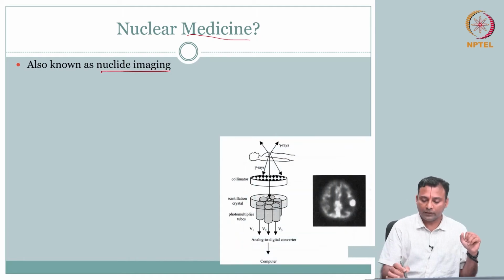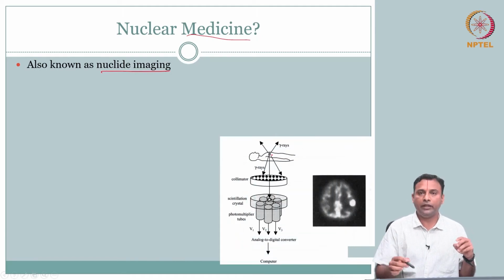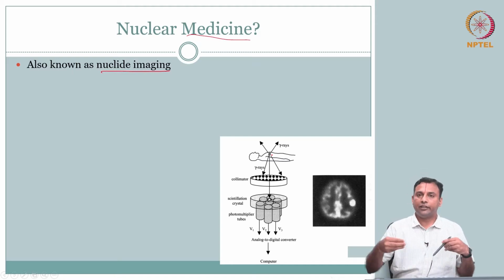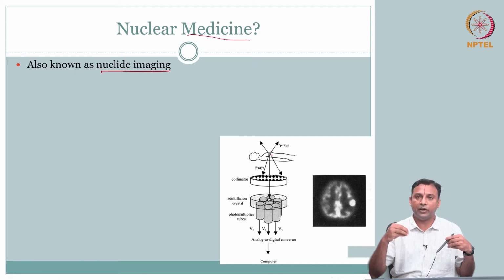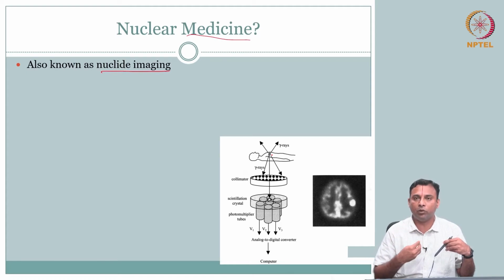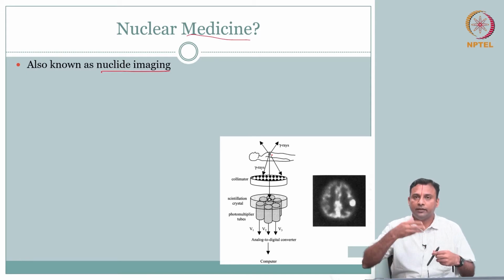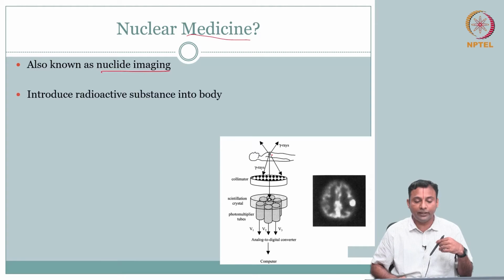So quickly, this is the logic. Here what is happening is we actually send some radio tracers, radioactivity. All these terms we will describe in this module to begin with. But essentially, you are sending some radioactivity into the body in the form of radio tracers. After that, you give it some time, it will distribute itself, right?